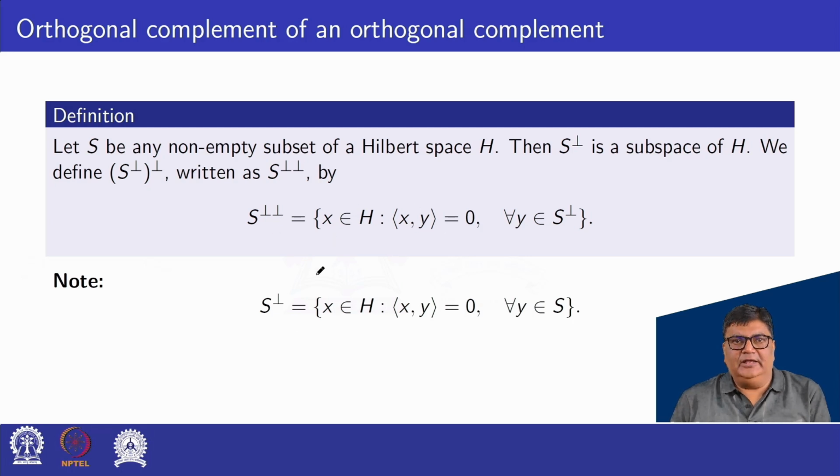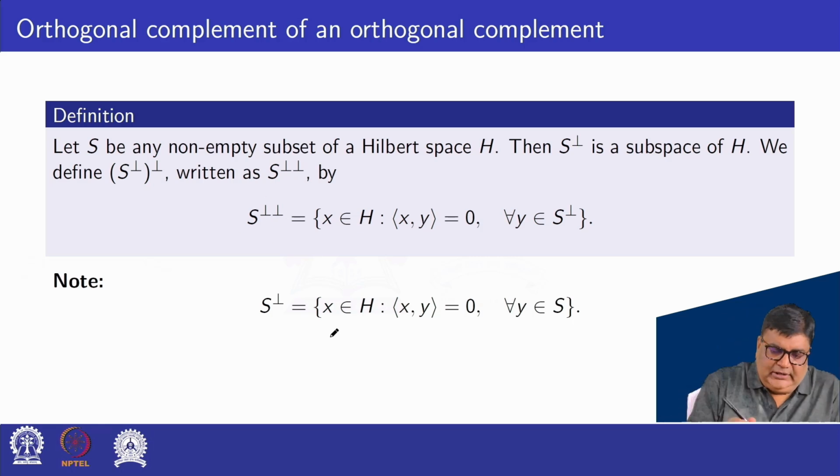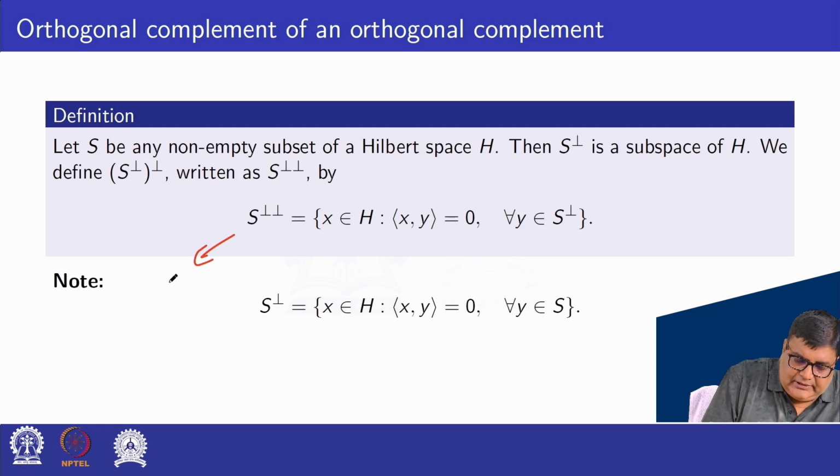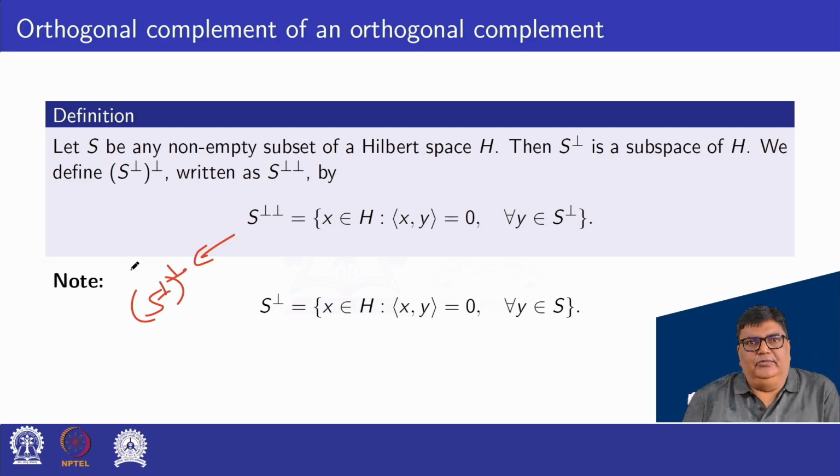Here S perpendicular is defined like this. Here the inner product of X, Y is equal to 0, where X is an element of H and Y is an element of S. The perpendicular of S perpendicular means S perpendicular and then perpendicular again.